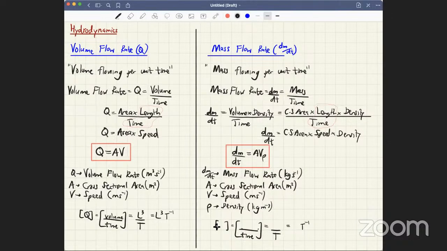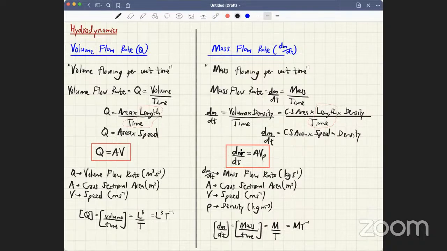And the dimensions of mass flow rate, dm over dt, mass over time, is capital M over capital T, M T to the power minus 1. That is going to be the dimension.